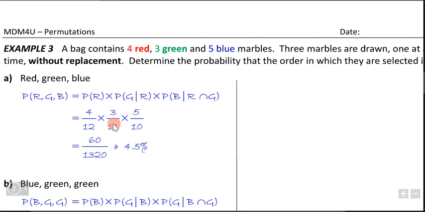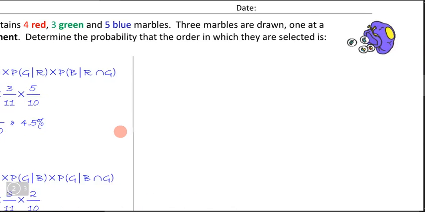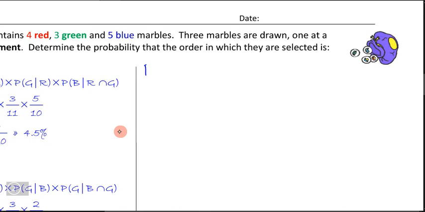It would be 3 out of 11, times the probability you draw a blue, given that you've already drawn a red and a green. That leaves you 5 choices out of 10. These numbers are decreasing by 1 because you're not replacing the marble, and these numbers come from the numbers that you see up here. That would give me 4.5%.